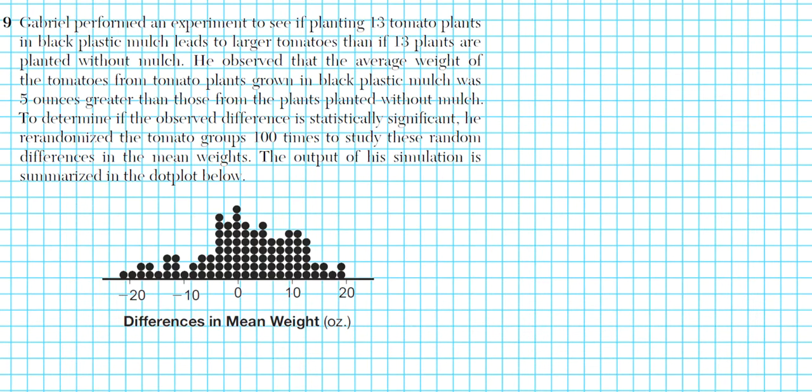To determine if the observed difference is statistically significant, he re-randomized the tomato groups 100 times to study these random differences in the mean weights. The output of his simulation is summarized in the dot plot below. Okay, so there goes the dot plot.